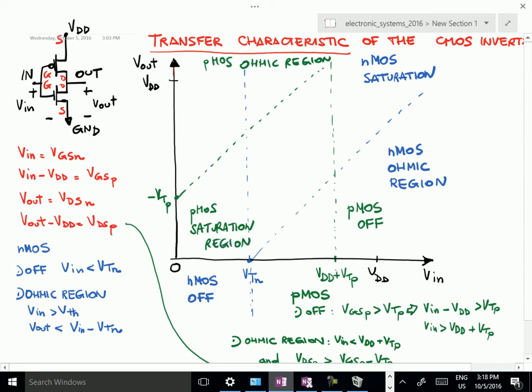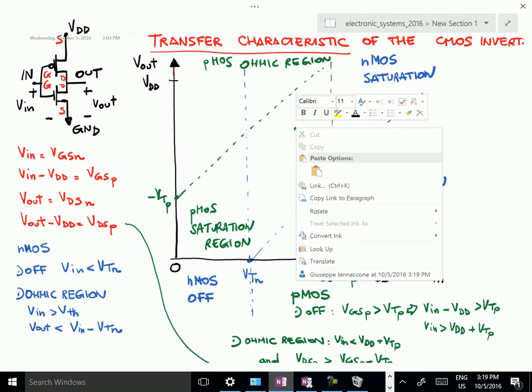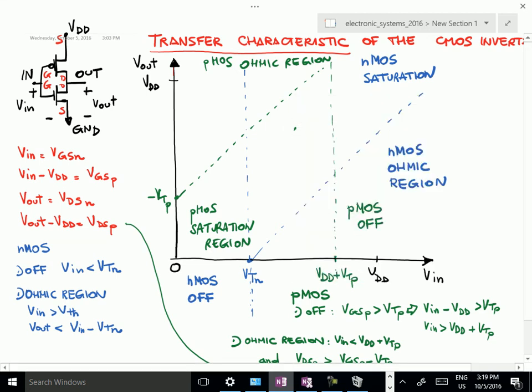Okay, so we can do what we want now. If I take a point at random in this plane, for example here, I know that in this point the PMOS is in saturation region and the NMOS is also in saturation region. If I pick another place, I know exactly the situation. Why is this important? Because at this point I am able to compute the transfer characteristics.